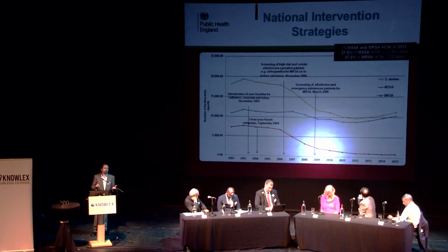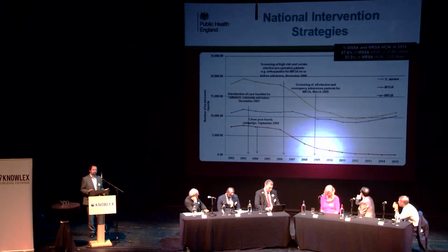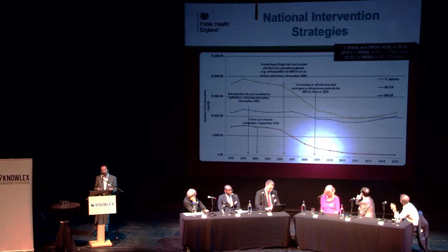In terms of national strategies, well, we had some national calls for intervention strategies, but individual trusts apply bundles of interventions as they see fit, and they do tend to do numerous interventions at the same time. So it's difficult to tell exactly which bundles were successful, but here's some of the national ones. So there was introduction of line-related bundles in 2003.